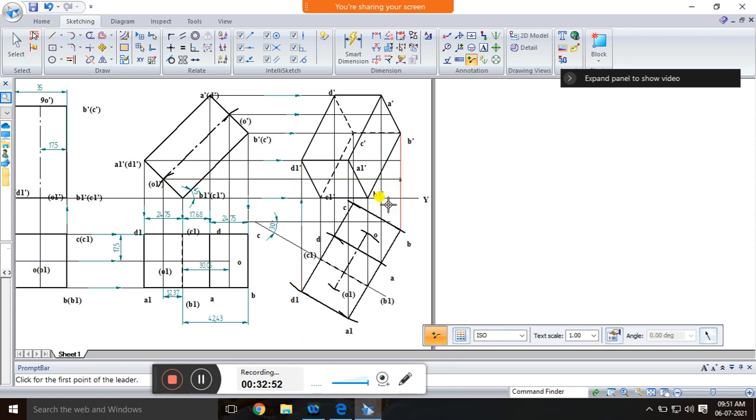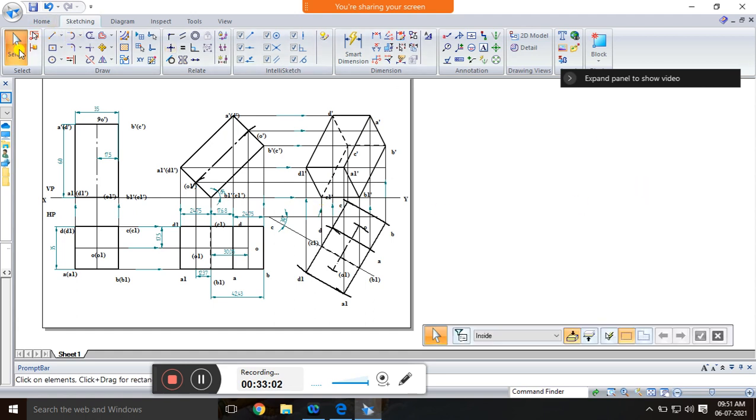Like this you have to show all the arrow marks. Yes, this is a complete problem. If you draw like this, it will complete your drawing.